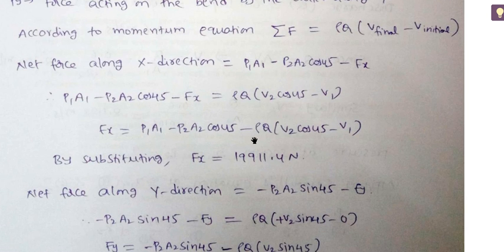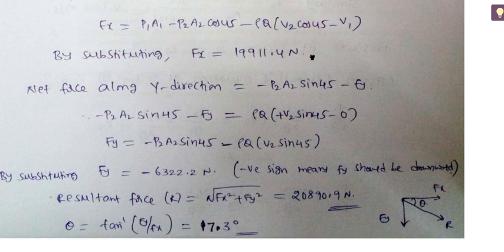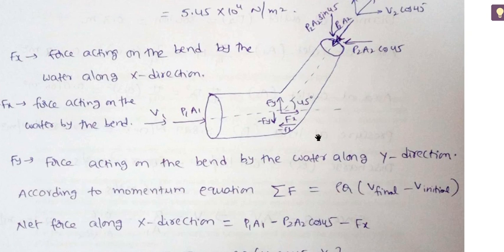Similarly, we can write along y direction also, the net force acting along y direction. At the inlet we have no component along y direction. At the exit this is the component of pressure force along y direction, and here this is the reaction force offered by the bend on the fluid along y direction.